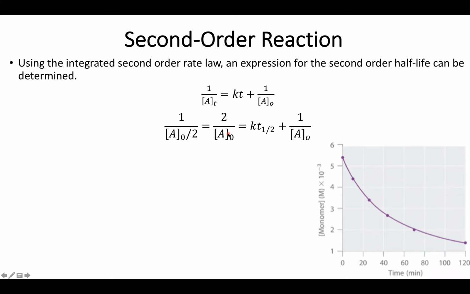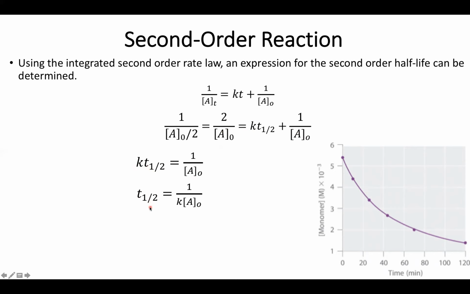So now what we can do is say that I have 2 times the inverse of my initial concentration equals kt plus 1 over A naught. And now we're going to go ahead and move all of our A naughts to one side. And by that, we now know that 1 over A naught is just equal to k times the half-life.